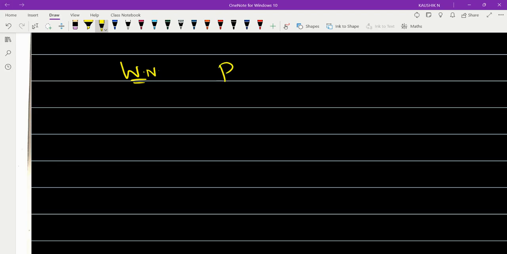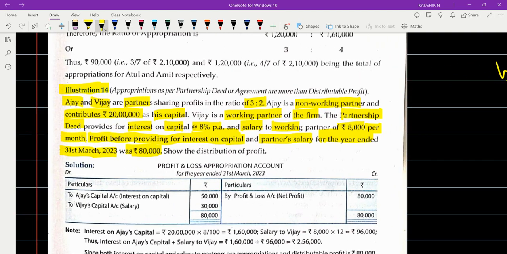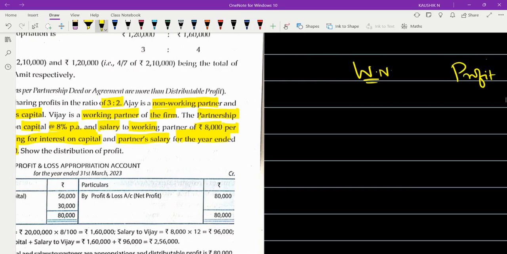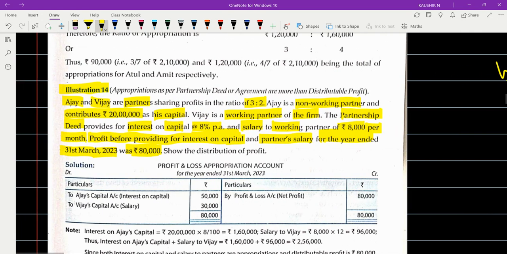How much is given as a profit for the year? Profit given in the question for the year is rupees 80,000. Who are the partners in the problem? Ajay and Vijay.